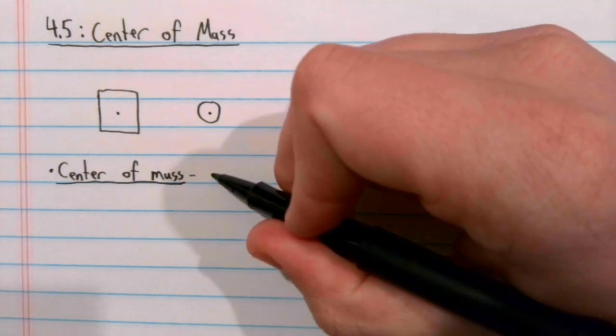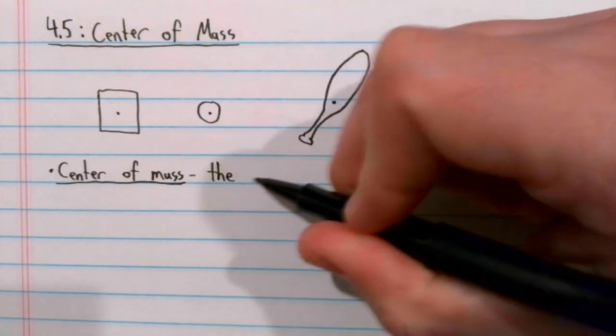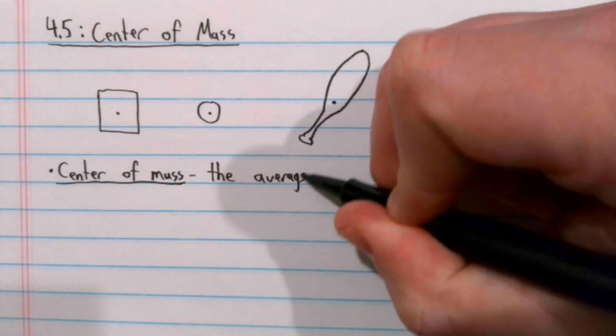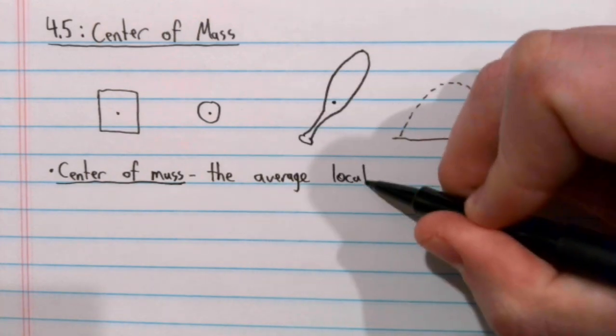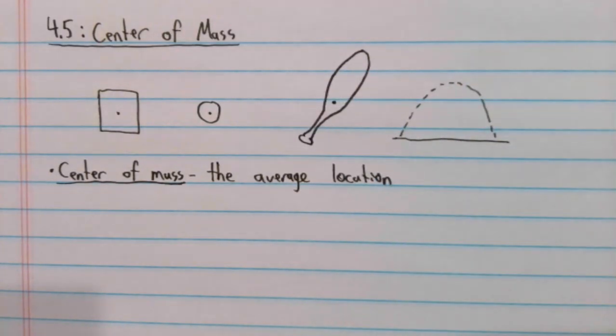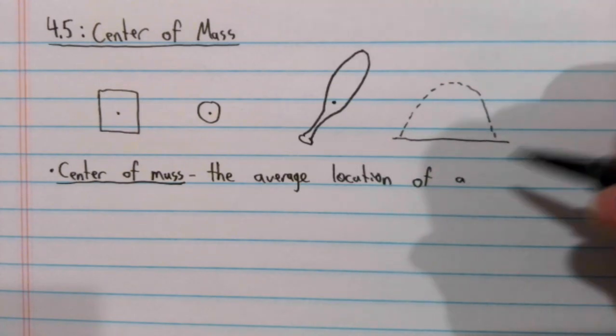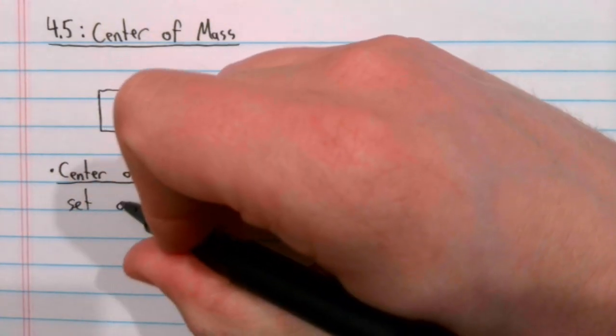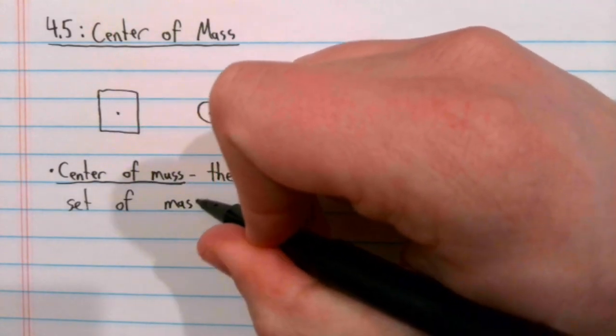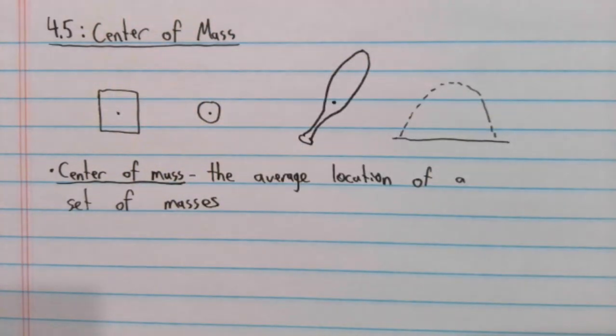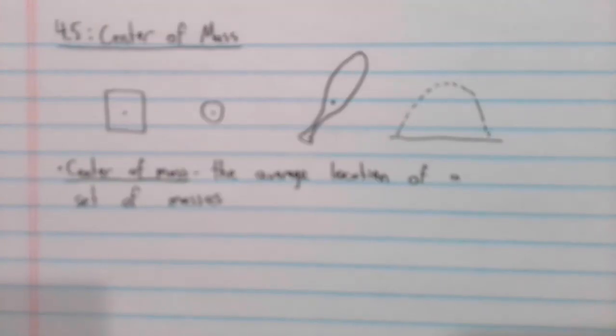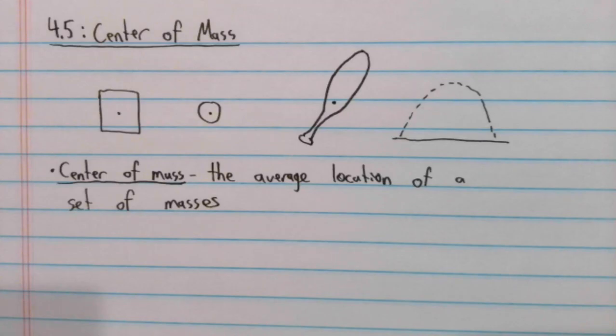Okay, center of mass in our class is going to be the average location of a set of masses, and it is a weighted average, which means if you have two objects, one of which is very massive, the center of mass is going to be closer to that massive object.